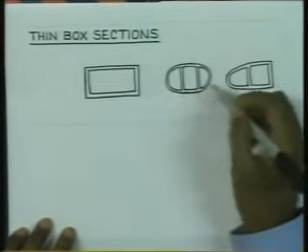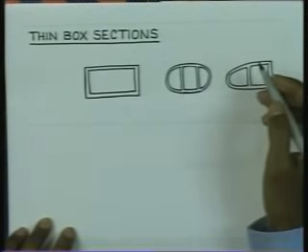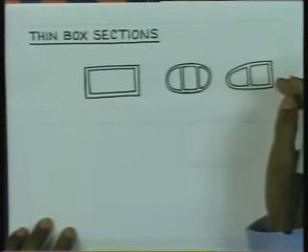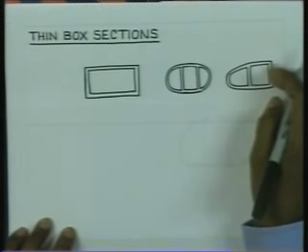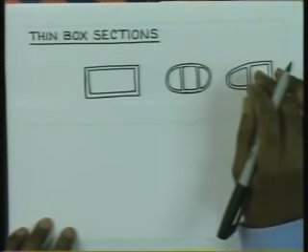If you look into this section, it looks very similar to that of an aircraft wing, and this could be another section of the aircraft wing. So, this type of sections are utilized in the case of machine tool beds and also aircraft wings, although we have other applications too.